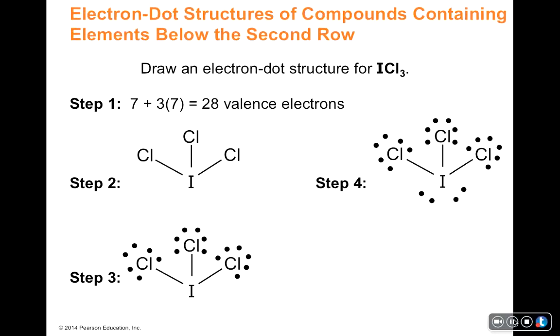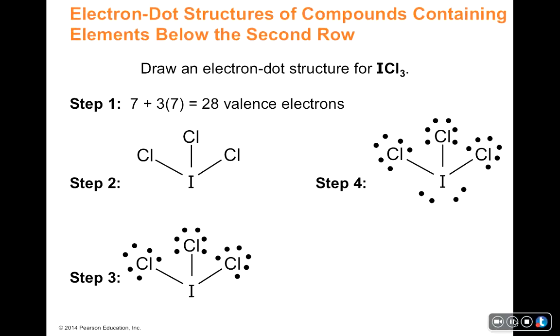And then the next step would be, are we showing valency for each of the correct atoms? Again, iodine is one of those that's in a lower group, so it's okay for it to have more than 8 around itself. Chlorine is in group 7, and it is shown with 7 valence electrons, so 6 in those lone pairs plus 1 in the bonding pair.